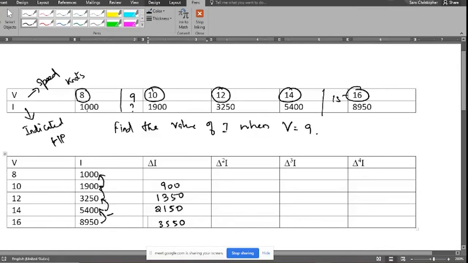Actually this should come in the middle, in between, but since the table cannot do that, it is not possible here. It would be better if it were exactly in the middle. In a notebook you can write it like that, but unfortunately on the computer you can write it centered between the two.